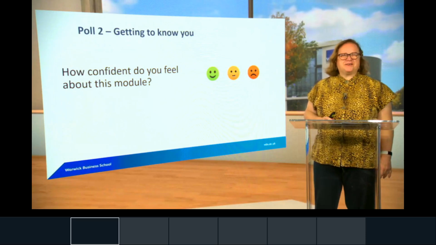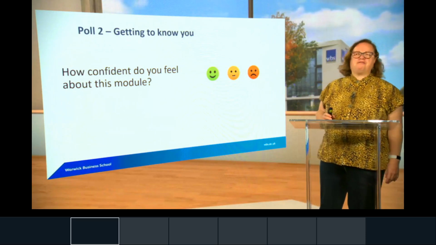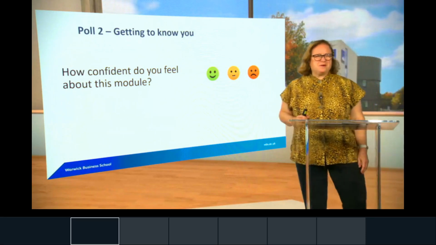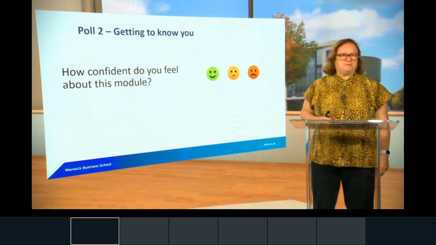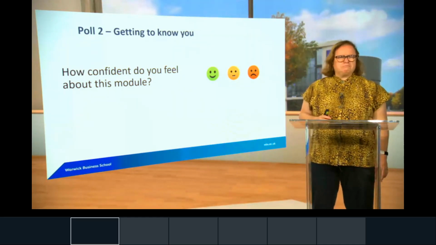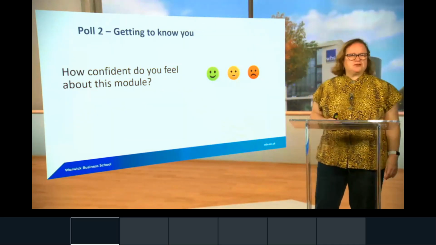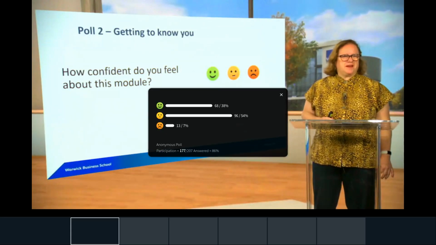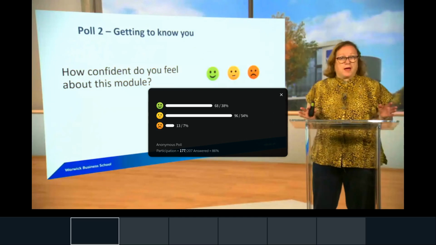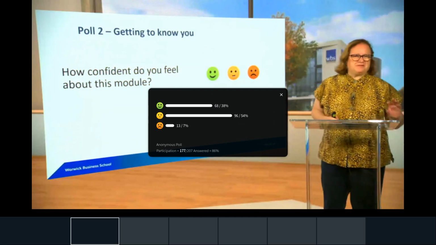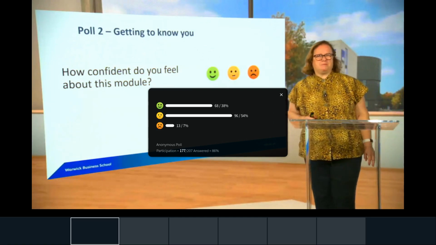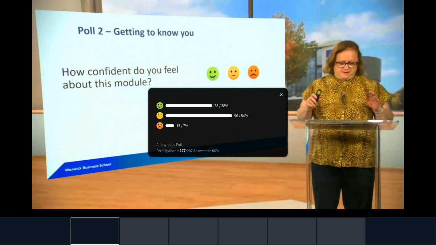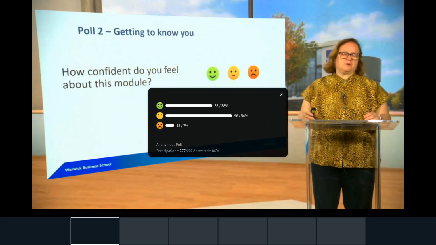I'd say you're all glass half full people. You're all mostly quite positive, but maybe not too sure. Let's have a look at those results now. I'd say the majority of you are okay to positive. There's a few perhaps that are a little bit anxious. So hopefully by the end of this session and as we work through the module, that picture will change.